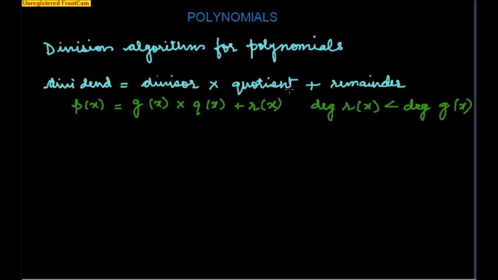For normal numbers, we stop the division only when the remainder is either 0 or it is less than the divisor. But with the polynomials, we see the degree. Whenever the degree of rx, the remainder, is less than the degree of gx, then we stop the division there.